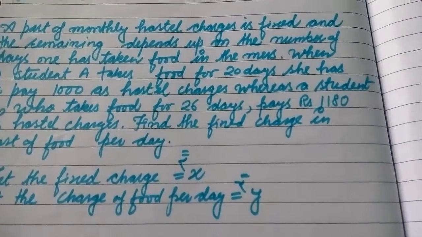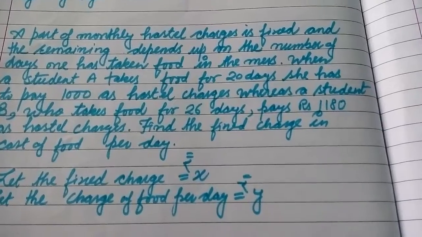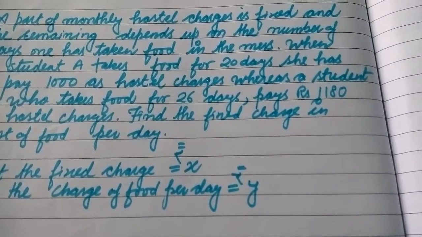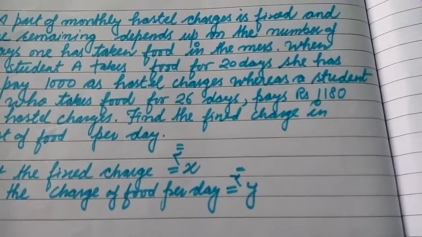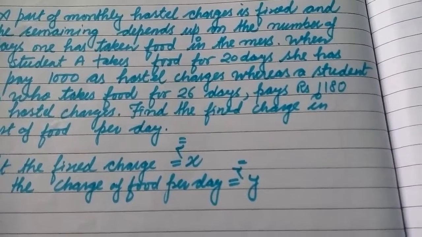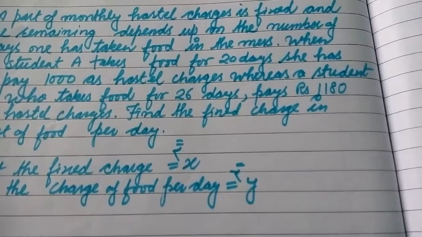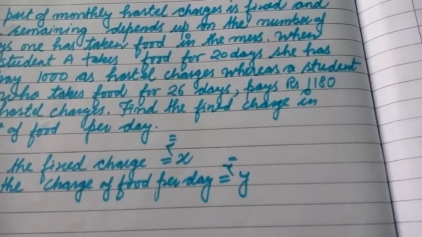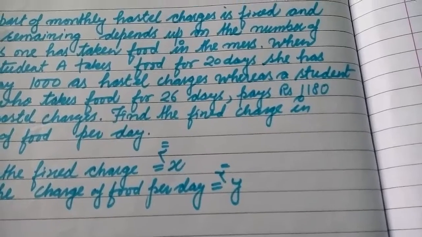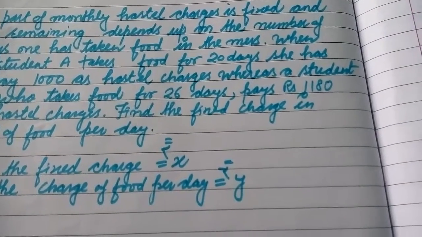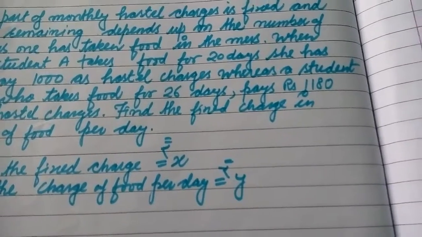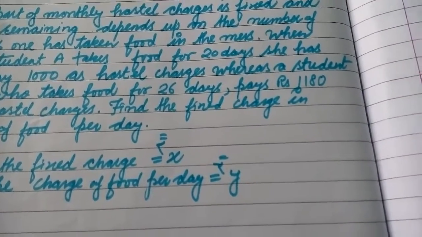The first question is that in a hostel, two types of charges are taken. First is a fixed charge. That means that charge is payable whether you stay for 1 day, 2 days, or any number of days. And there is another charge which is per day, as per the food you take.